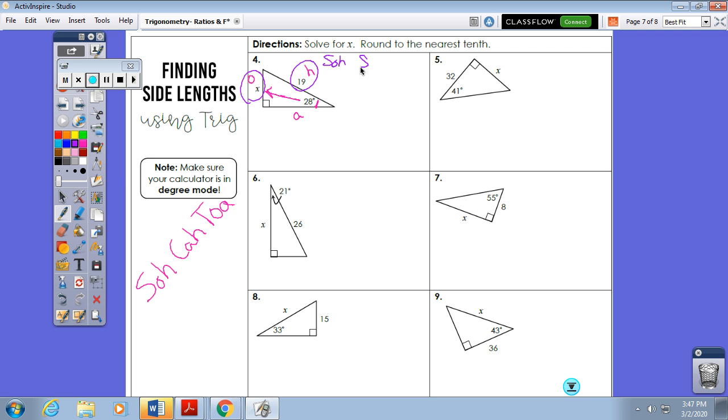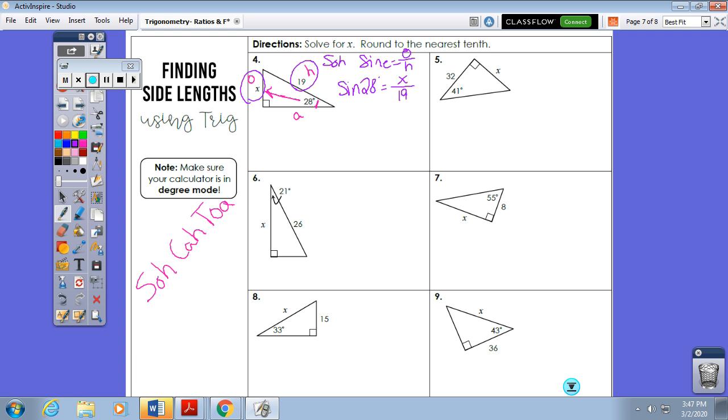So sine is equal to opposite over hypotenuse. That's what I'm going to use. But I'm also going to put in my degrees. So it's going to end up being sine of 28 degrees is equal to x over 19.